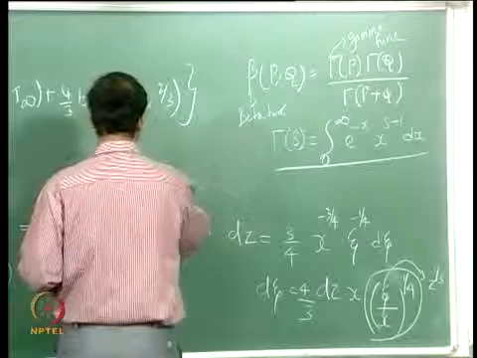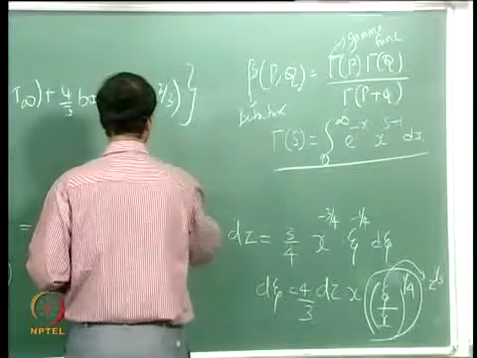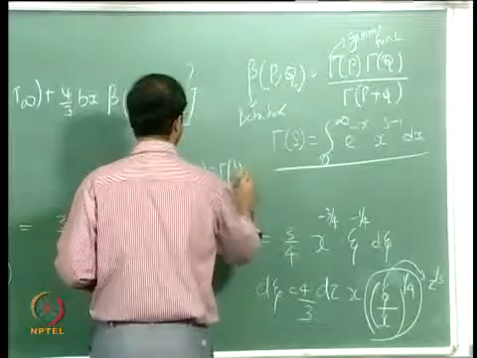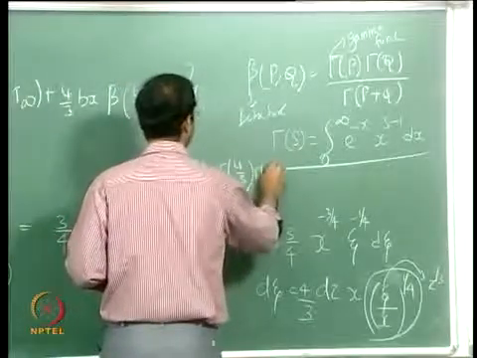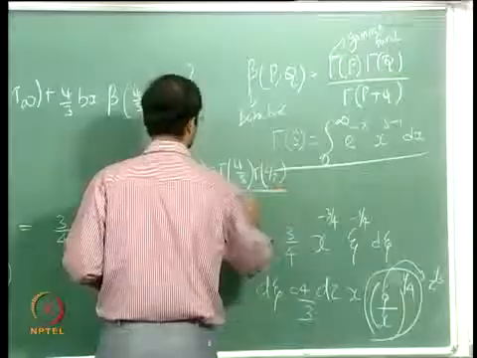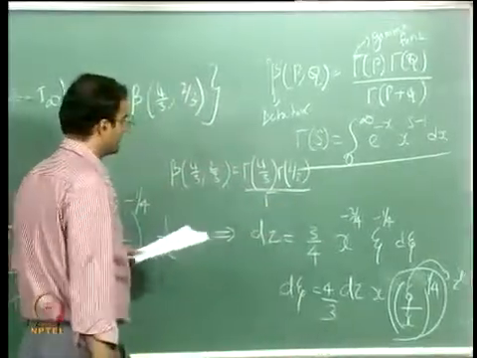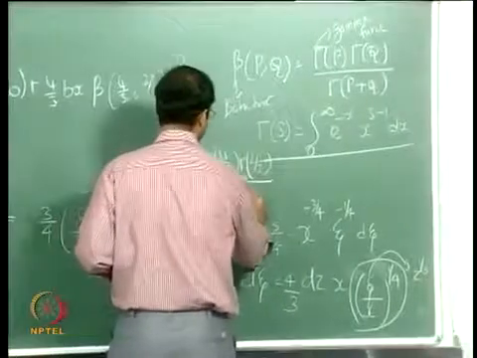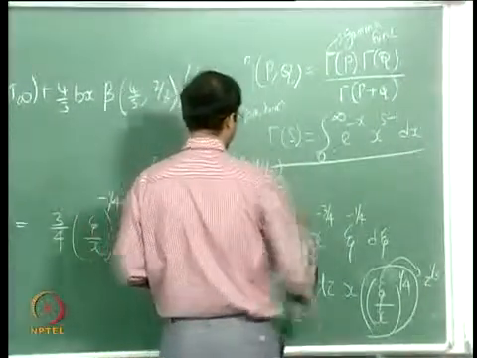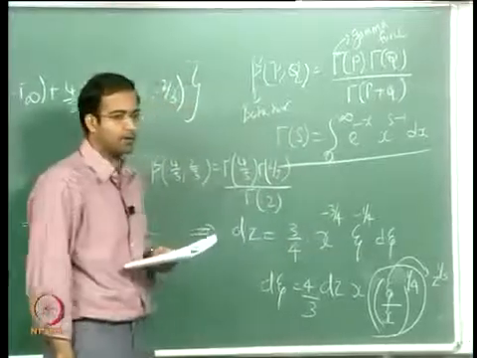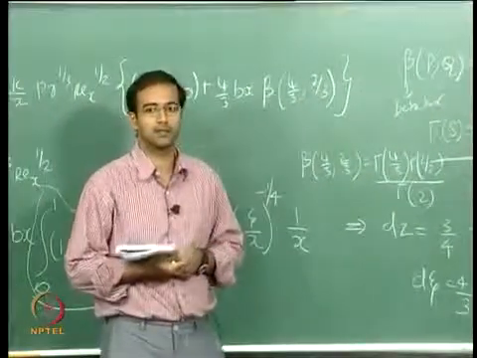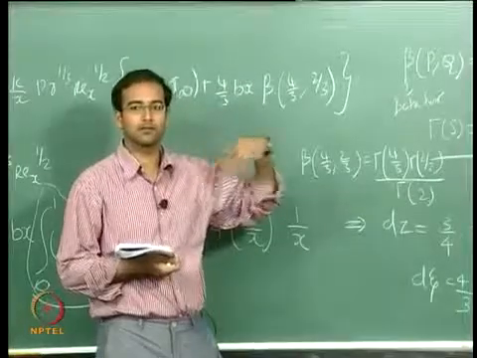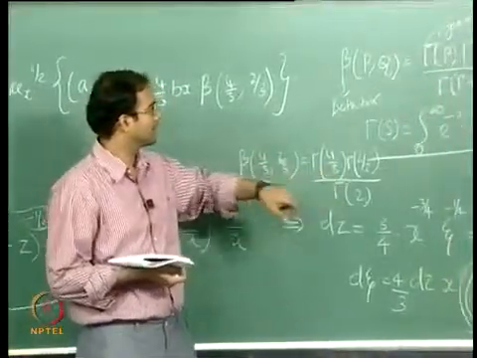So beta of 4 by 3 comma 2 by 3 will be gamma of 4 by 3 into gamma of 2 by 3 divided by gamma of 6 by 3, that is 2. If you plug in from the gamma function tables which are available online, you can Google gamma function charts and find those charts for different values of p and q.